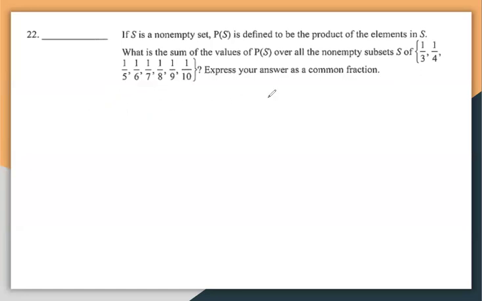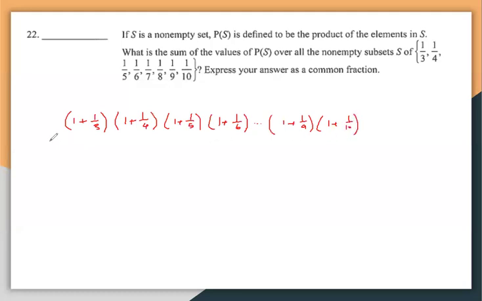One way to think of it is this: 1 plus 1/3, multiplied by 1 plus 1/4, and then 1 plus 1/5, and then 1 plus 1/6, and you continue all the way to 1 plus 1/9, and the last one is 1 plus 1/10. When you multiply these, you actually end up getting everything you are looking for.